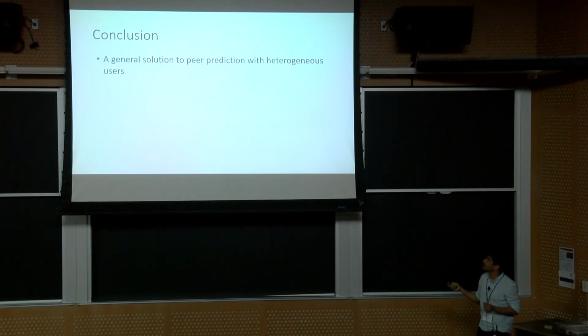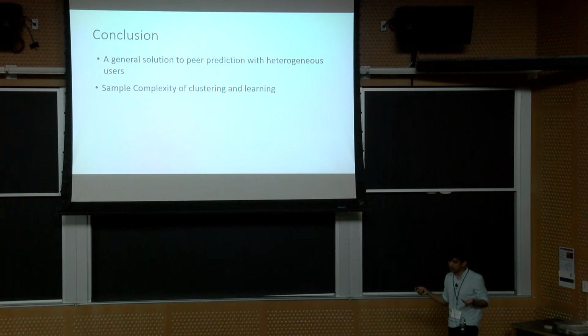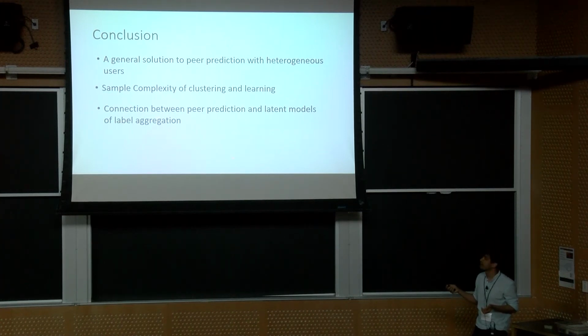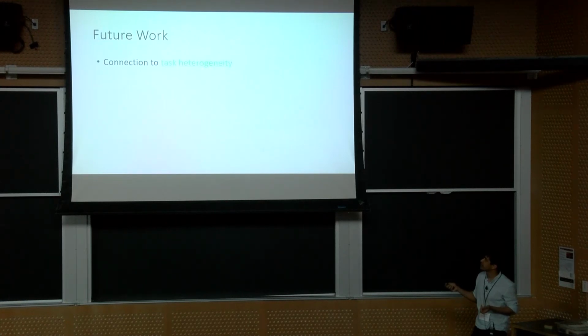Okay, so to conclude, we provide a solution to peer prediction with heterogeneous users, mainly by computing sample complexity of both clustering and learning. And we also saw some connection between peer prediction and learning latent models of label aggregation. And there are several directions for future work.